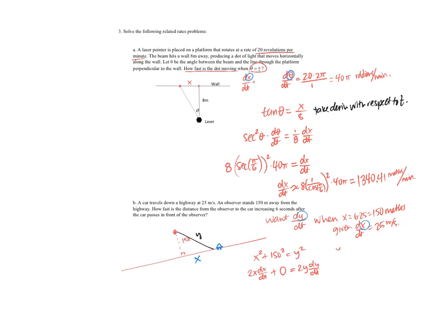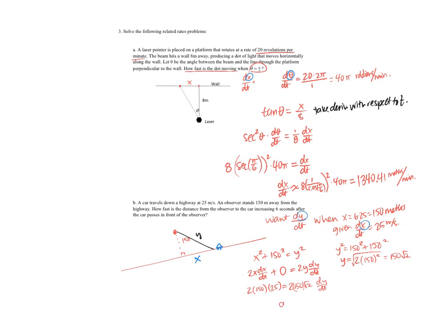So if y squared equals 150 squared plus 150 squared, that gives me y equal to the square root of 2 times 150 squared, which is 150 times the square root of 2. Now I can plug all of those in. I have 2 times 150 times 25, equal to 2 times 150 square root of 2 times dy dt.